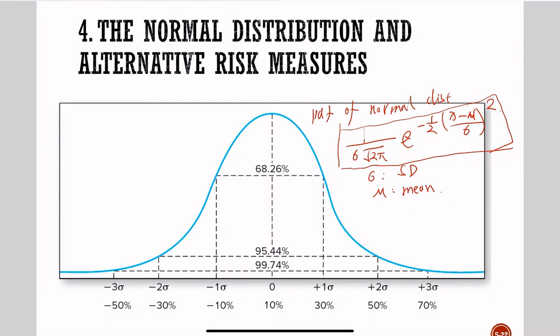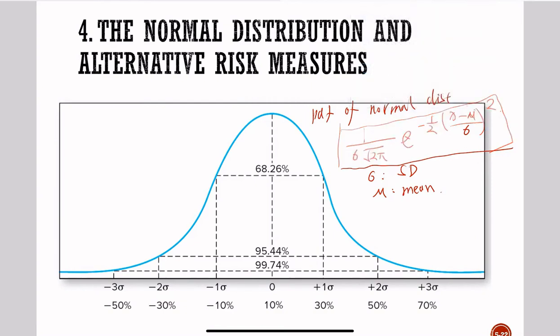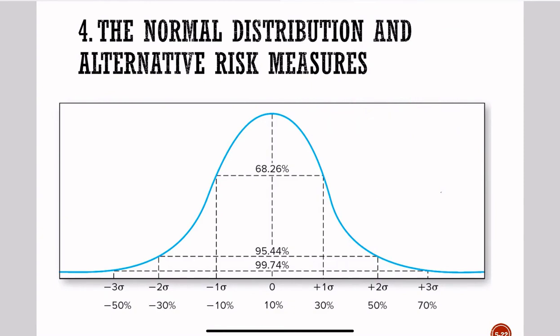And you can also see that we have some sort of probabilities marked on this picture. Right? So what does this number mean here? Well, it means that the probability of return which lies within 1 standard deviation is 68.26%.